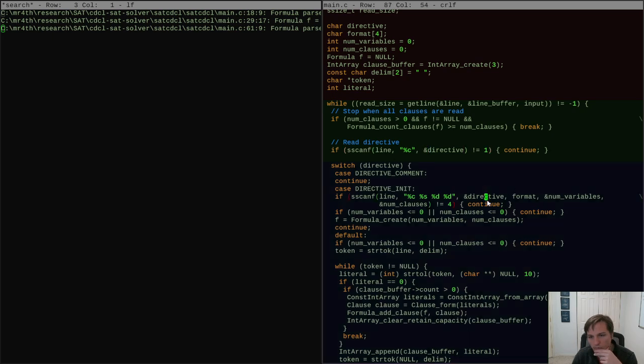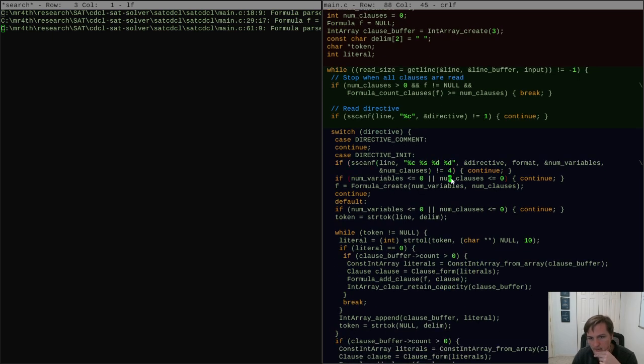Oh, it's parsing the line several times. Once to figure out the directive itself, once to figure out num variables, num clauses. If num variables is less than or equal to 0 or num clauses is less than or equal to 0, continue. Then formula create with num variables, num clauses. So it's initializing.